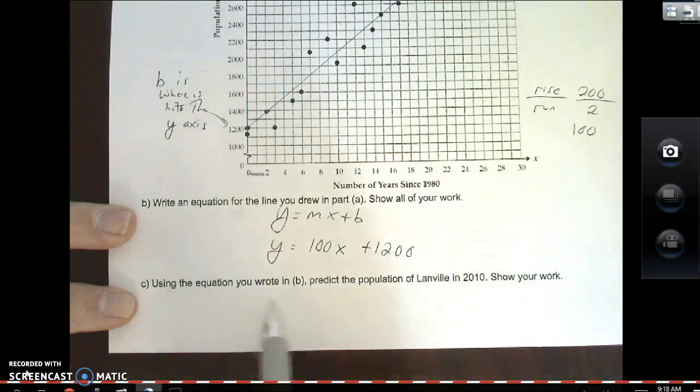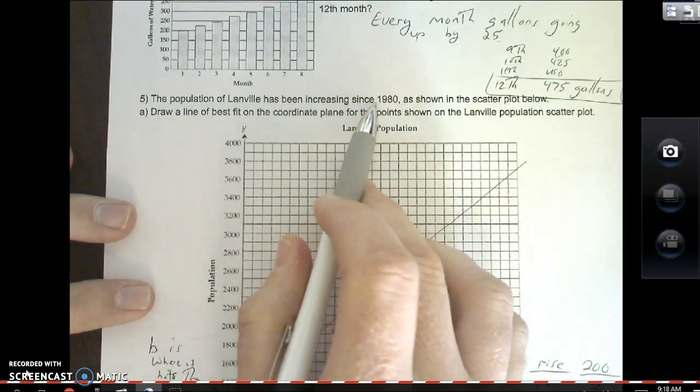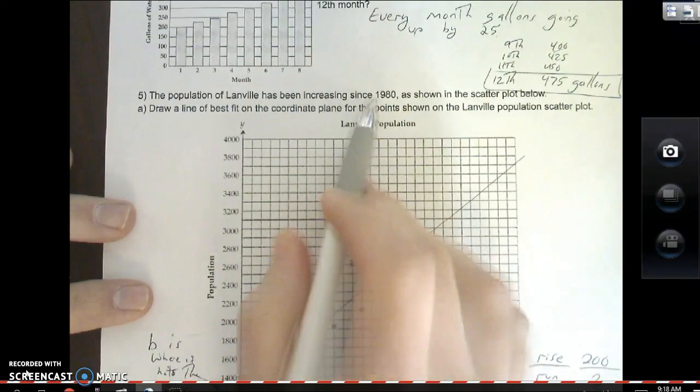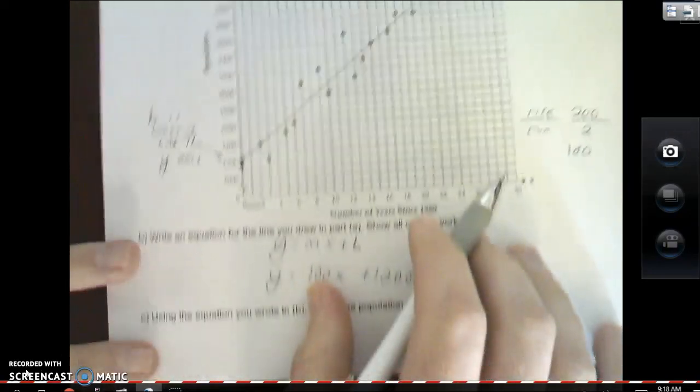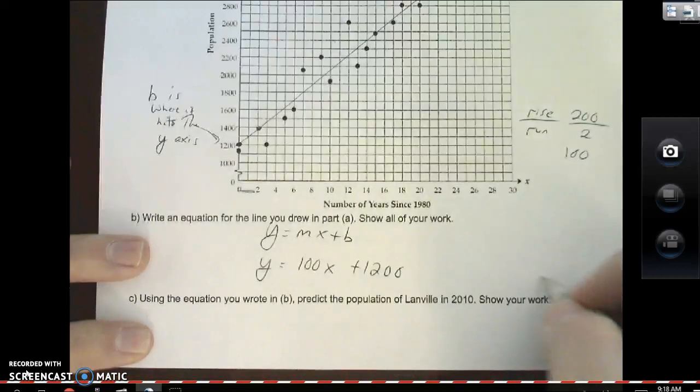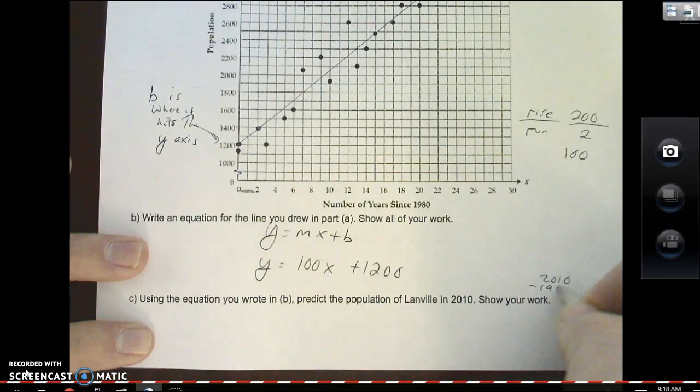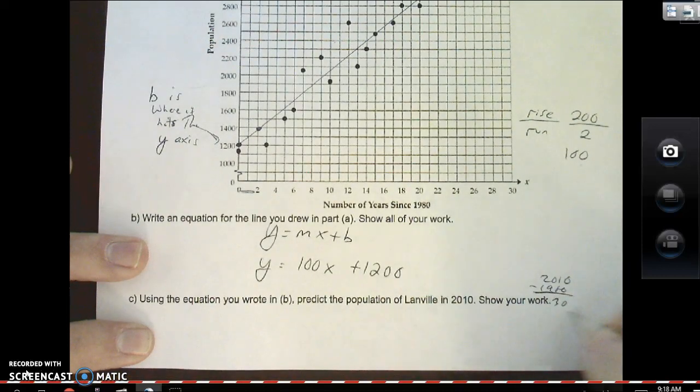Using the equation you wrote in part B, predict the population of Landville in 2010. Please show your work. Now, since 1980, this will trip you up a little bit, okay? So since 1980, how many years is 2010? Well, 2010 minus 1980 gives you 30 years. Okay?